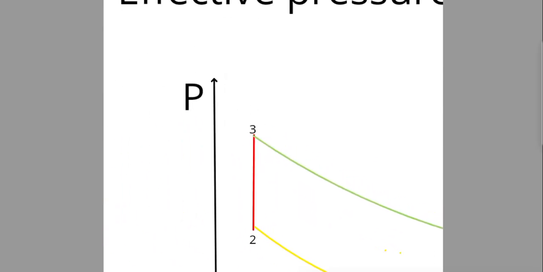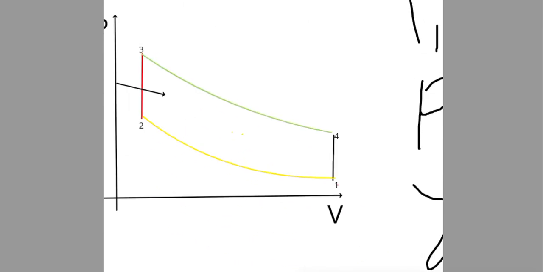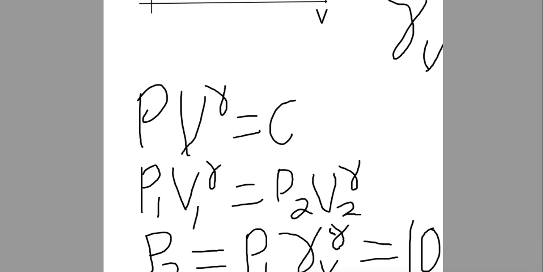We know that heat is being added at this point here. So the heat is going to help us get our value for T3, so that we can use the formula P over T equals constant.